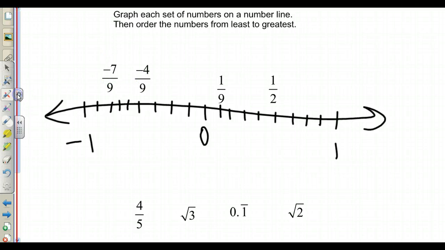That would be 1/2. 1/9 would be there, -4/9, and -7/9. So I think a number line can help us to order things from least to greatest. Least means smallest to biggest, and so these would be the numbers in order. These 4 numbers in that order would be from smallest to biggest.